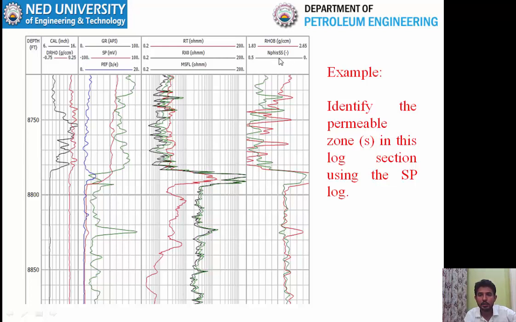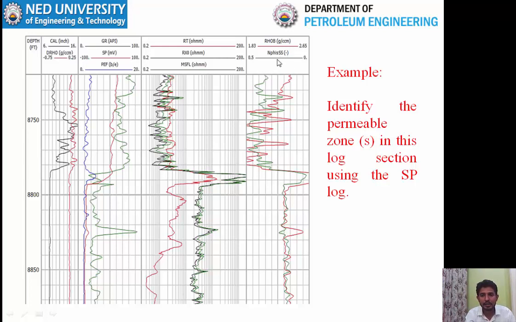And the neutron porosity unit is from 50% to 0%, and you can see the neutron porosity has been provided in SS, this sandstone unit. So again, the logger has chosen the sandstone lithology in this particular log section, but when we were studying the neutron porosity log, we saw that most of the time the neutron log is reported in the limestone unit, but again it depends from logger to logger.